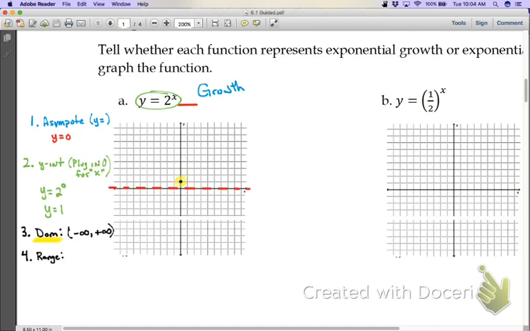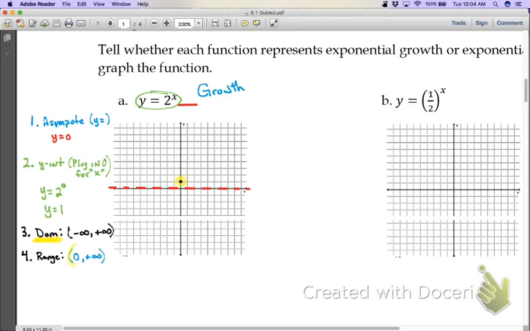Your range will always deal with your asymptote and then either above the line or below the line. Since it's above the line, where do you think it's going? Is it going to go to positive infinity or negative infinity? Positive infinity. A lot of this is common sense. Since it's above the line, your range is always going to deal with your k. In this case, it's not going to touch k, so it's going to go from 0 to positive infinity.